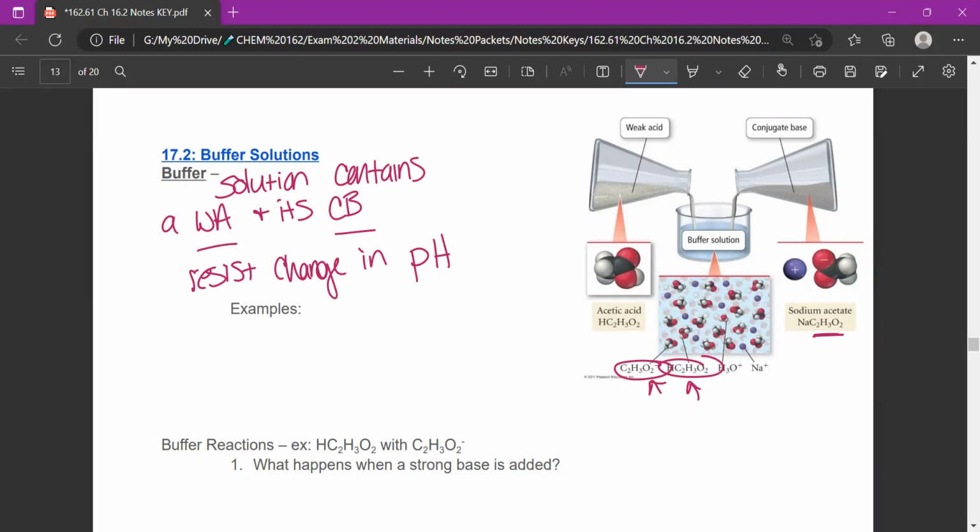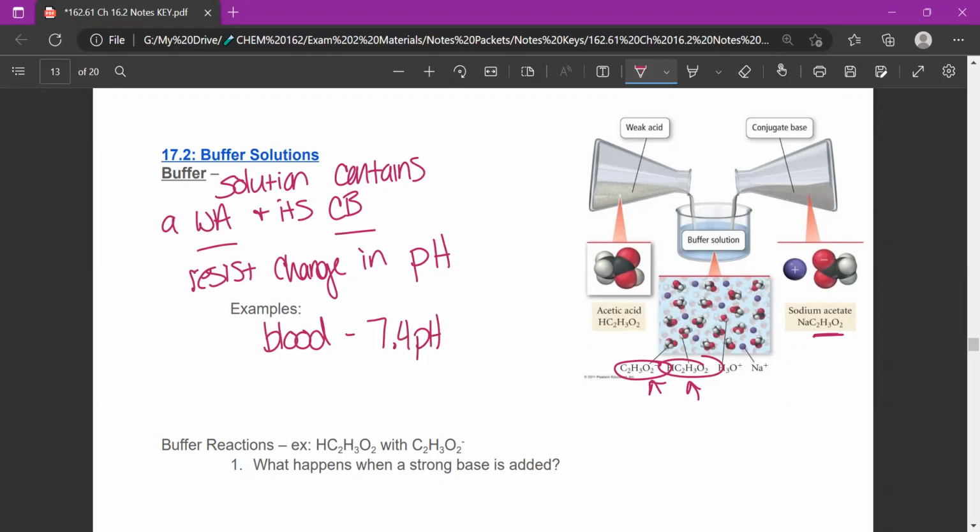Now, like I said, these are important everywhere, all over the place. You're going to see them especially if you take biochemistry or anything having to do with environmental chemistry. There is a buffer in your blood. Your blood has to stay at a very specific pH if you want to stay alive, about 7.4.